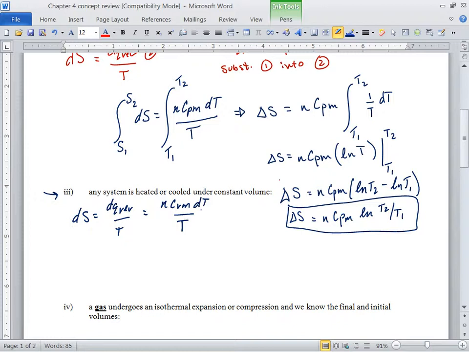Okay, so I'll give you some time here. Just finish out the rest of it and derive the relationship. Essentially, all you're doing is changing CPM to CVM, and then finish the rest of it and derive your relationship.